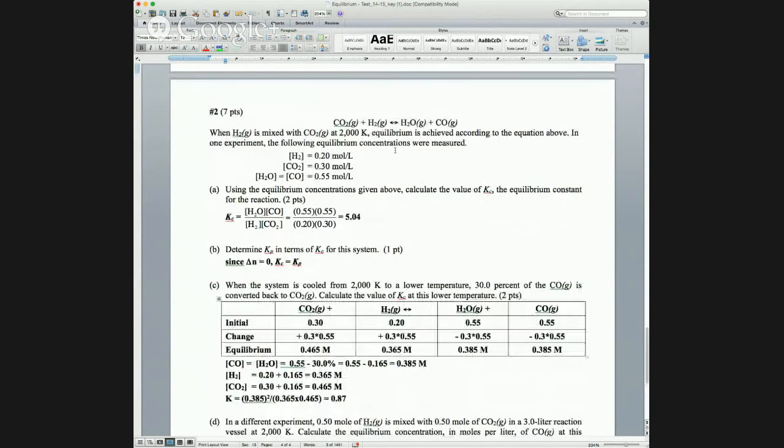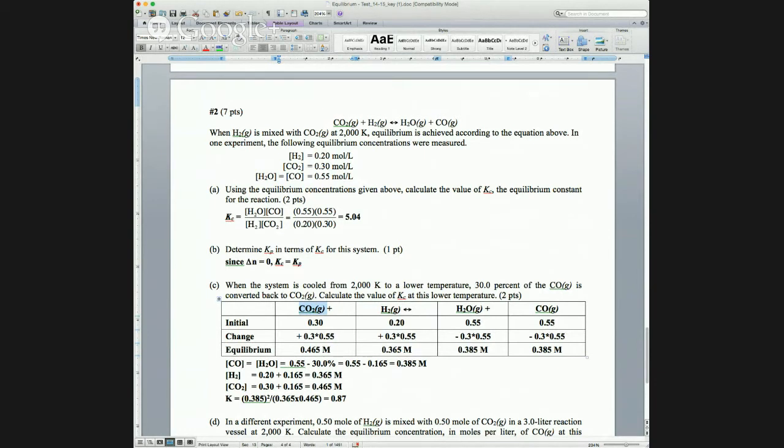Basically, you have these values for the CO2, the H2, the H2O, and CO. All right, so those are all the initial values for their concentration. It says 30% of the CO, the product, is converted back to CO2. So you have to take the 0.55 times 0.3, that's 30%, and you're losing that amount.